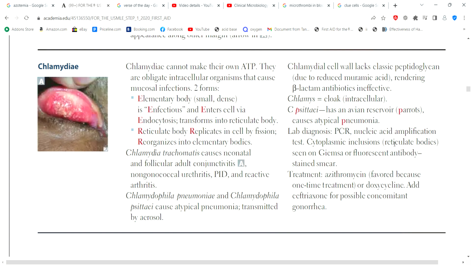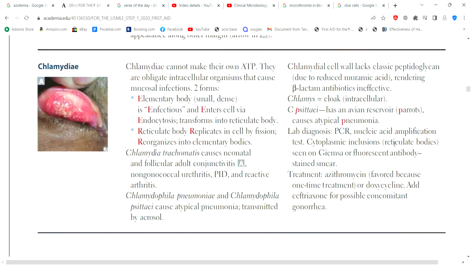Chlamydia trachomatis causes neonatal and follicular adult conjunctivitis, which is seen in A over there. Non-gonococcal urethritis, pelvic inflammatory disease, and reactive arthritis. Chlamydophila pneumoniae and Chlamydophila psittaci cause atypical pneumonia transmitted by aerosol.